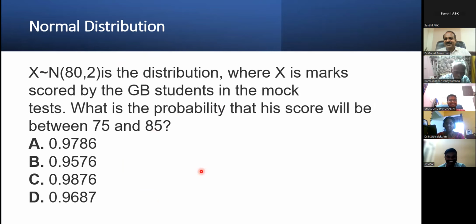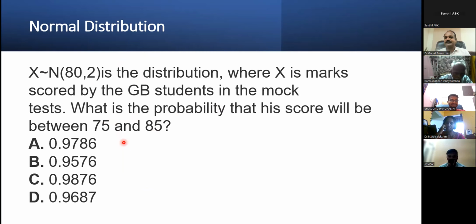For that, we convert the random variable X into a statistical variable, Z score, isn't it? So Z score is always expressed in terms of number of standard deviations.